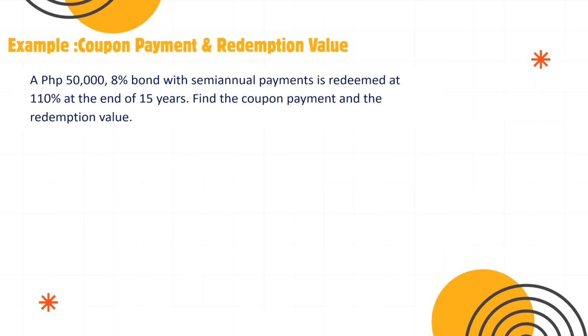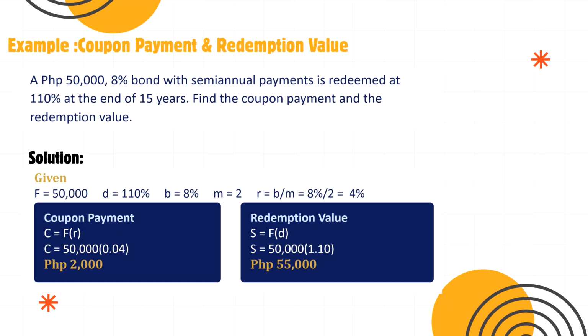Now, let's have an example on getting the coupon payment and redemption value. So the problem is a 50,000 pesos 8% bond with semi-annual payments is redeemed at 110% at the end of 15 years. Find the coupon payment and redemption value. So here's the solution. First is to identify the given.